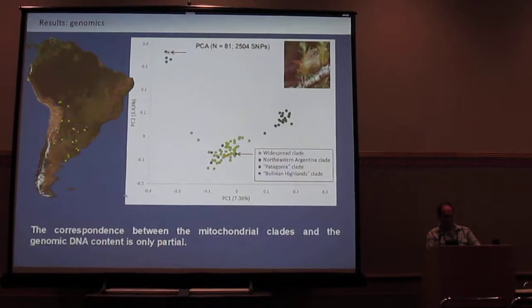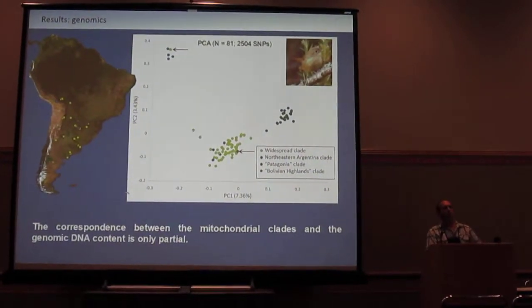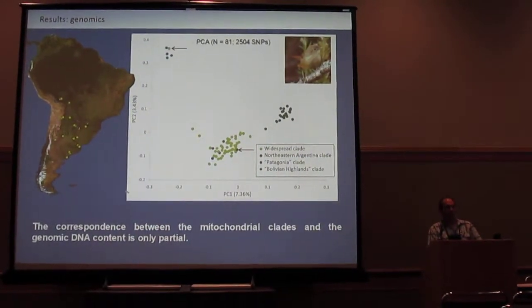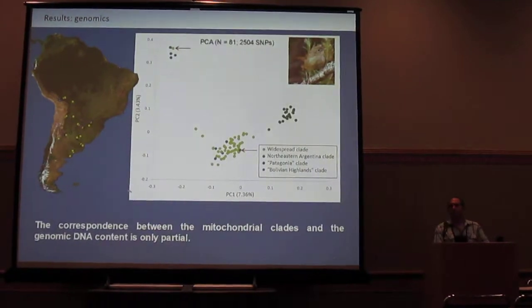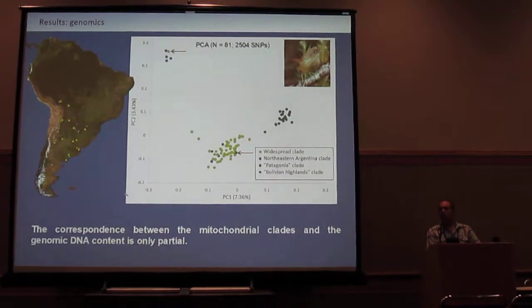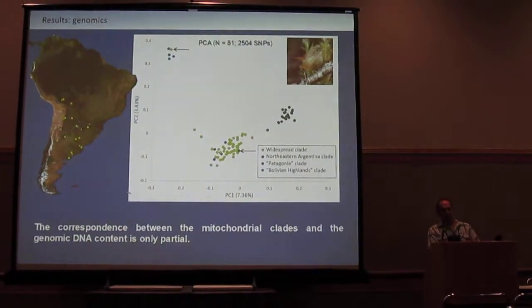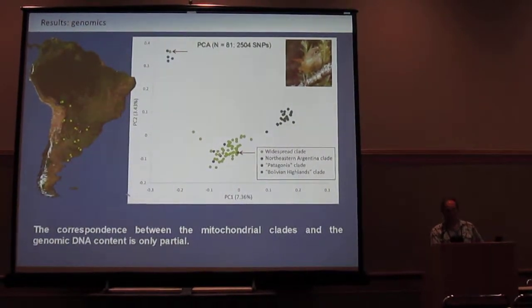And in addition, we also have 2 cases in which the birds have a genomic content that is consistent with the locality in which they were, in the highlands of Bolivia and also in the central Sierras, also highlands in central Argentina. But the genomic content is consistent, while the mitochondrial lineage that they had was a different one.